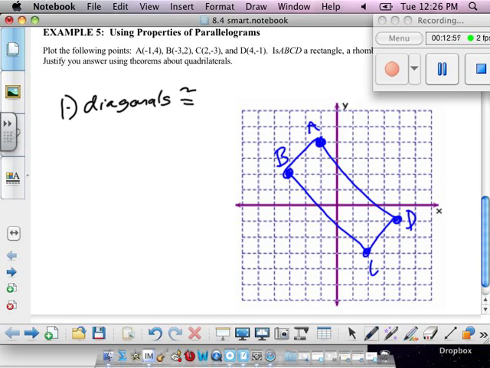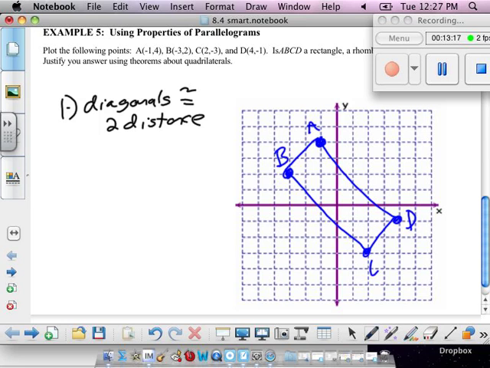How would we prove that the diagonals are congruent? What would we use? Slope. Does slope prove length? Distance formula. Okay, so we need two distance formulas. But if the diagonals are congruent, it could also be a square.